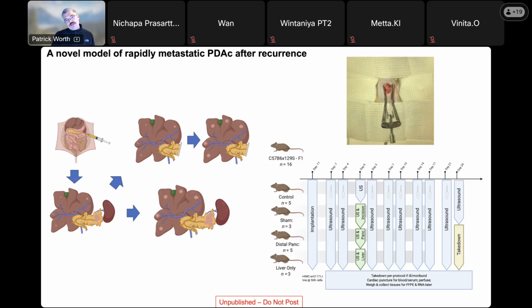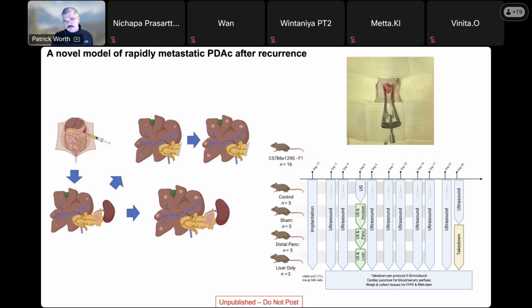And so looking at the early events in pancreatic tumorigenesis and the early events in metastasis, we feel that was something difficult to do with the KPC model, which is highly metastatic, but again, driving two very disparate mutations. And so using this KRAS mutant MYC model that we've developed, we found that we've been able to model metastasis in pancreatic cancer really effectively.